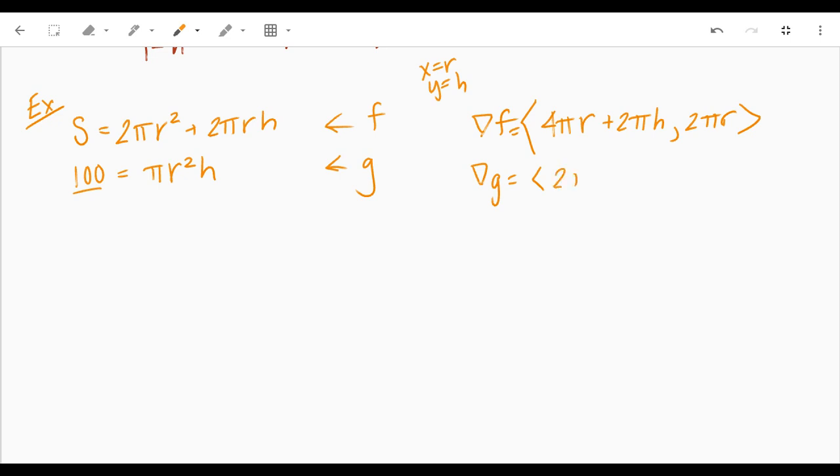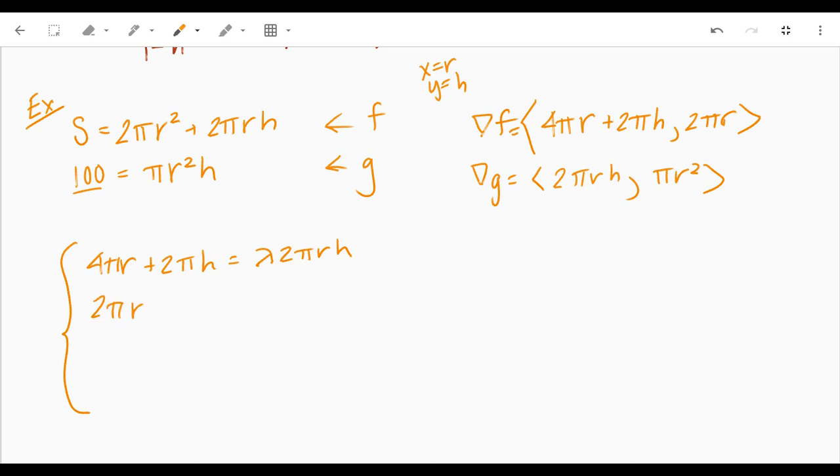So then we're going to have 2 pi rh and pi r squared. So first step, we take the gradients. Next step, we get our system of equations. 4 pi r plus 2 pi h will equal lambda 2 pi rh. 2 pi r will equal lambda pi r squared. And then 100 is pi r squared h.